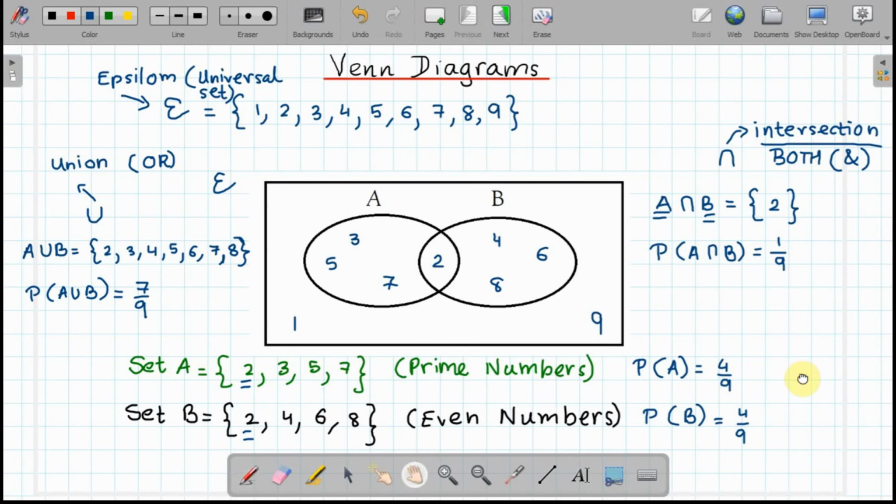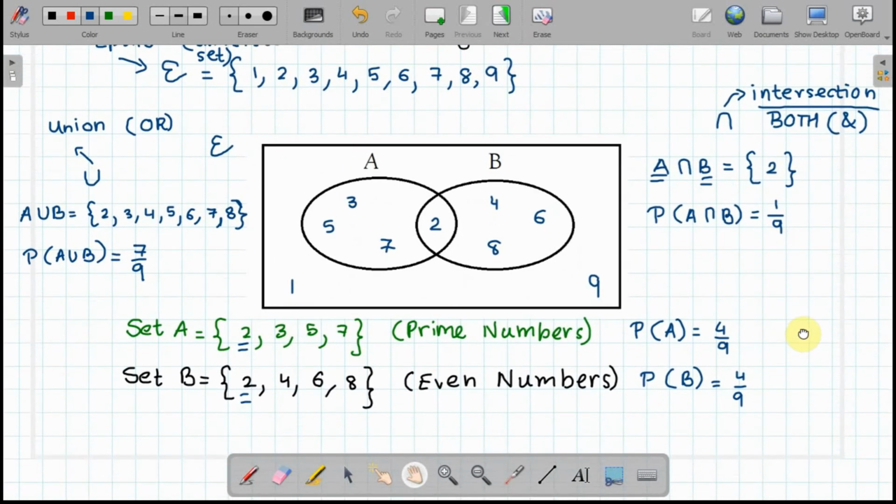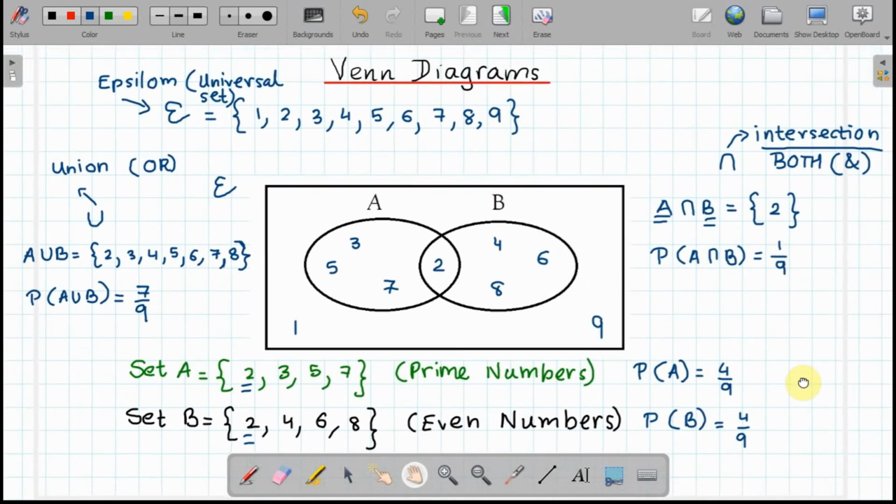What we're going to now look at is how to shade a Venn diagram. The rest of this video is going to be on shading Venn diagrams, the different possibilities. We'll have a separate video on some Venn diagram questions, but the rest of this video is going to be on shading Venn diagrams.